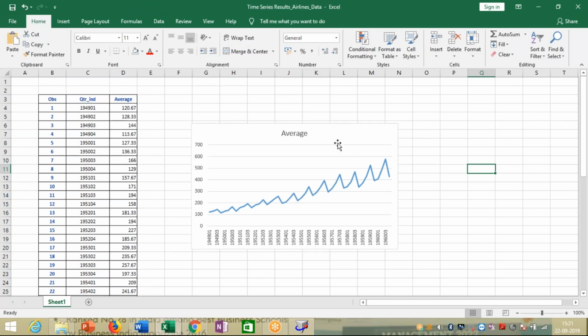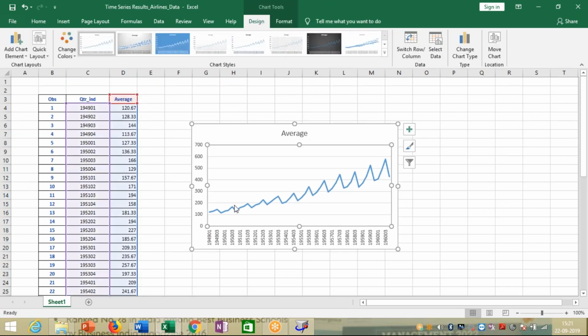Over here you have the years, and over here you have the graph. One thing you can clearly see is that if you put a fixed, constant mean, it is not only non-stationary in mean, it is also non-stationary in terms of variance.